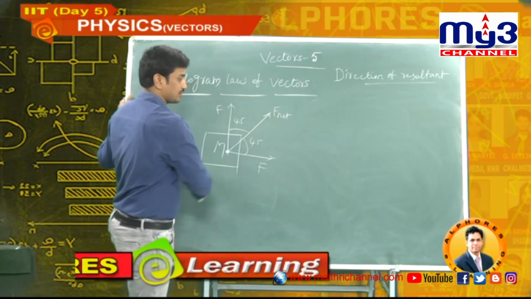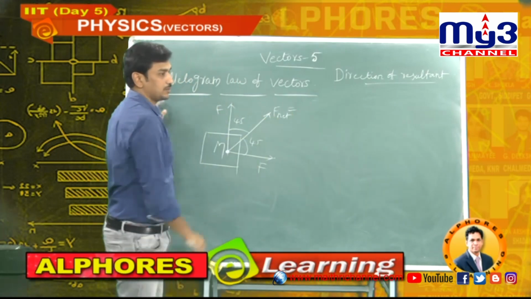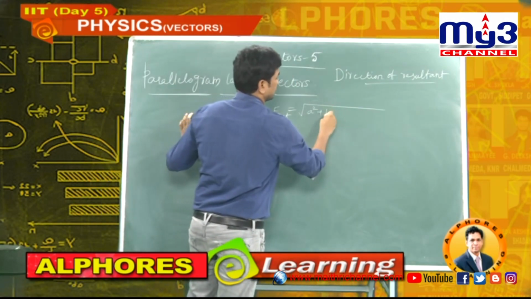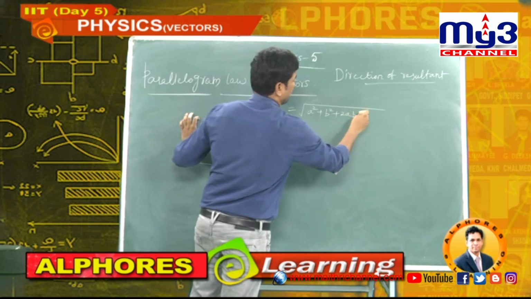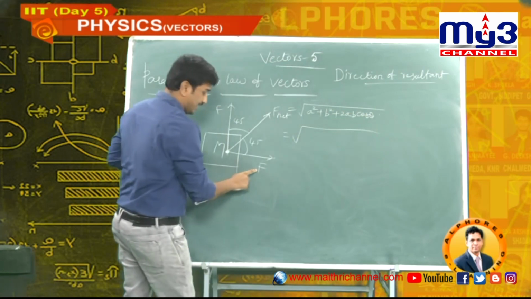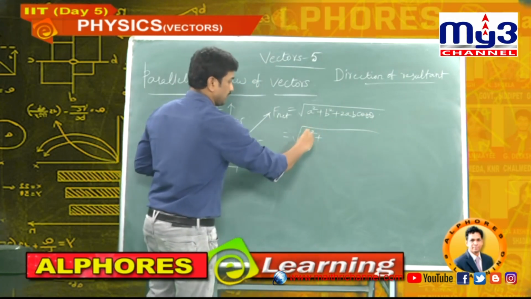Now what is the value of this? Magnitude of the resultant is under root of a square plus b square plus 2ab cos theta. What is a? F. What is b?